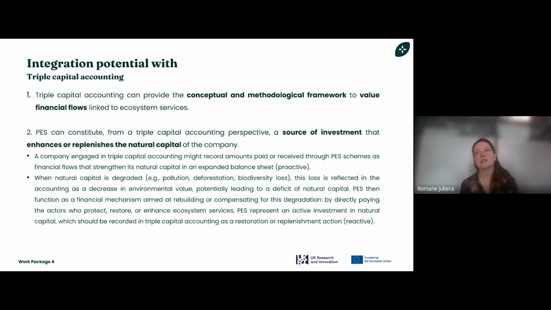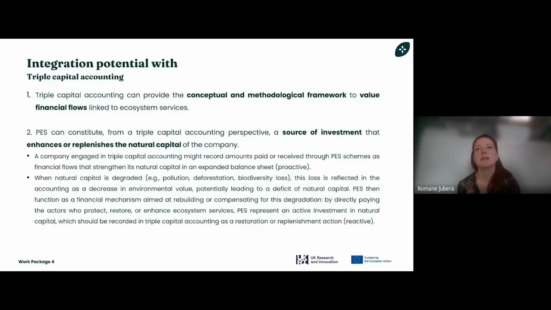So, for instance, in a proactive way, if a company engaged in triple capital accounting, they might record the amounts that are paid or received through the PES schemes as financial flows that strengthen its natural capital in an expanded balance sheet. So this is the first situation.